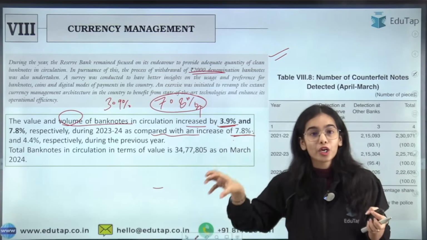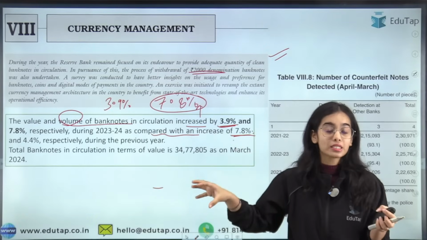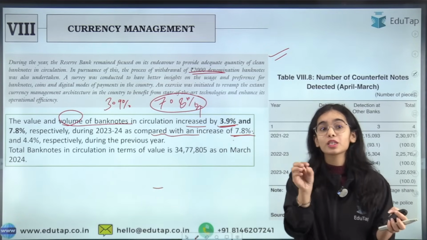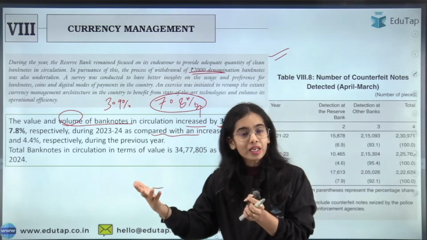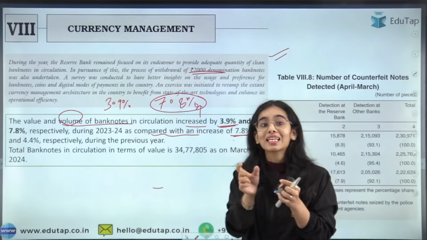But now the value of the banknotes in circulation is only growing by 3.9%. That means the banknotes are growing in circulation in the country, but they are growing at a lesser percentage, okay?